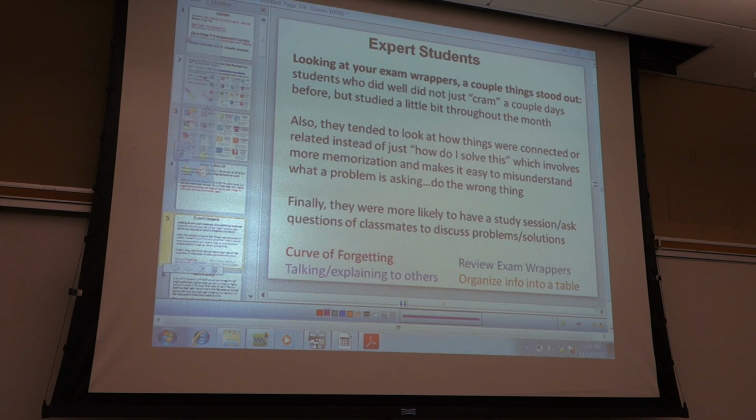How do I solve this is just memorization, and with memorization it's a lot easier to misunderstand what to do and do the wrong thing. This whole class, math is really not about memorization. It's about understanding. So if you're just memorizing steps, that's troublesome in a lot of ways.